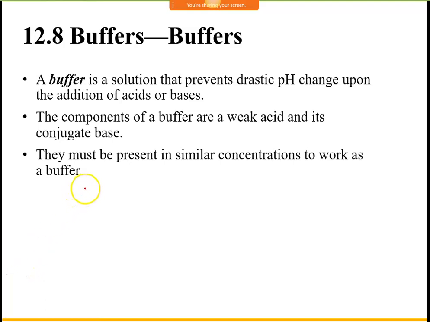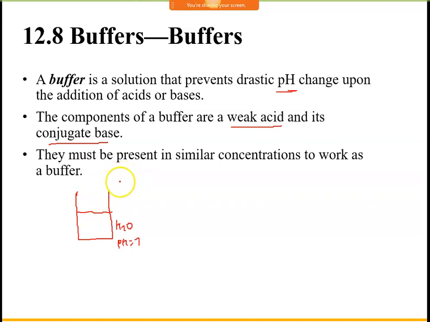Okay, so let's talk about a buffer. A buffer is basically a solution of a weak acid and its conjugate base that prevents drastic changes in pH. Let's say I have a solution of water, so I'm at a pH of 7.